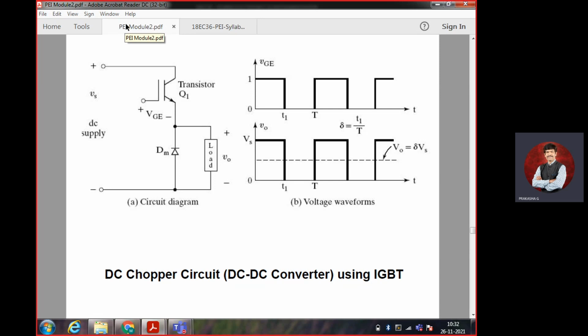You should give the input voltage, and how much T on and T total. T total means T on plus T off. So I can write VDC times T on over T on plus T off. In electronics circuits, it is the on time divided by total time.